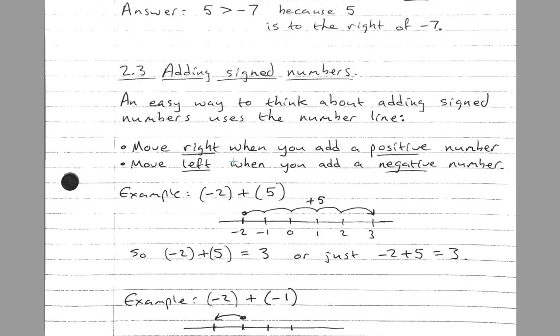Okay, left and right. This is the main idea. Move to the right when you add a positive number, but move to the left when you add a negative number. We'll see that adding a negative number is the same as subtracting. So you're going left.